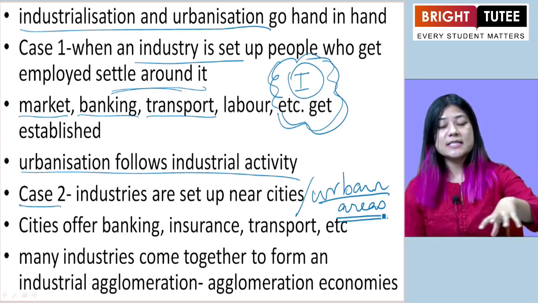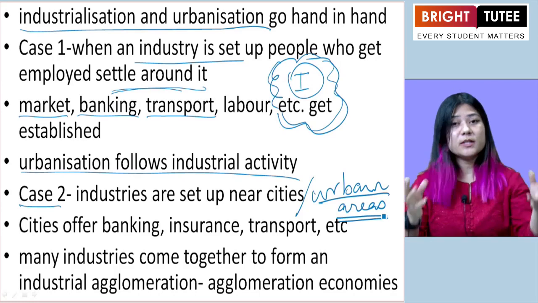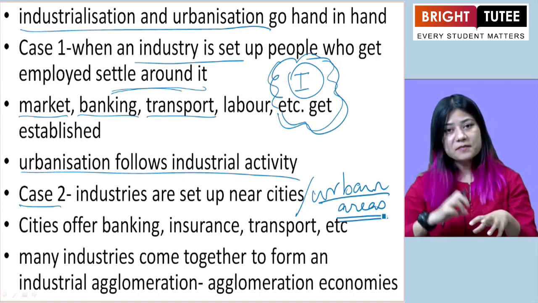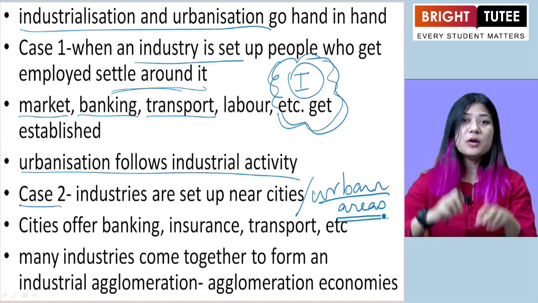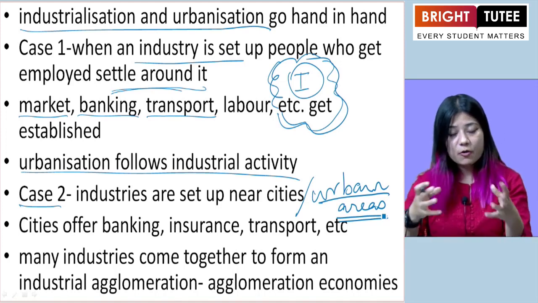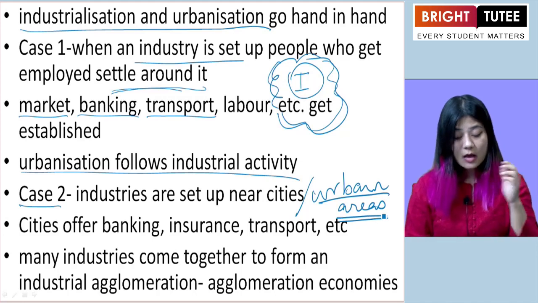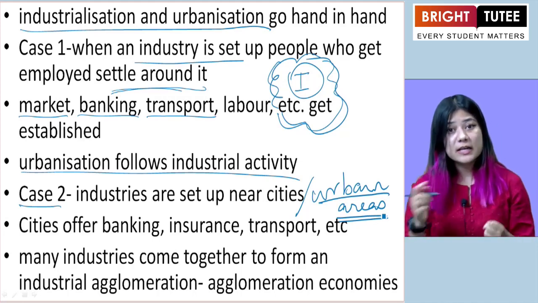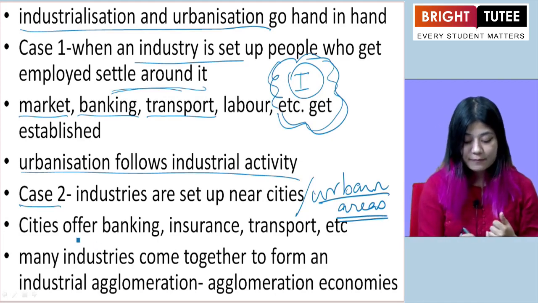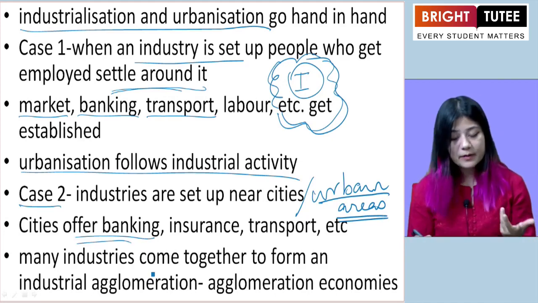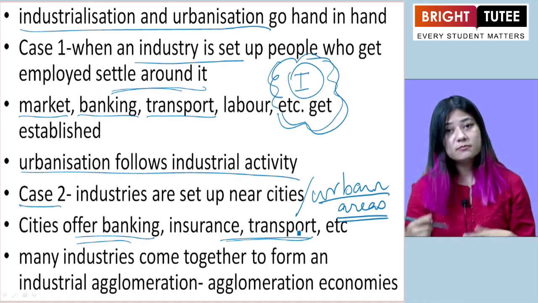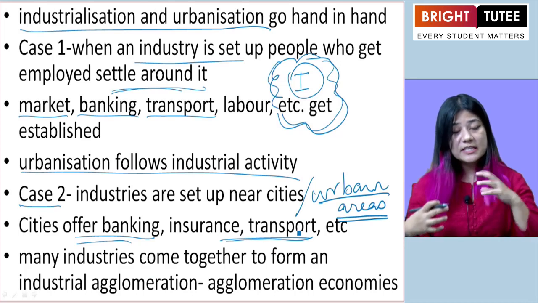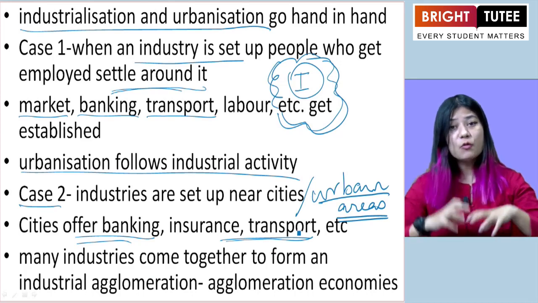If there are popular cities, or cities where a lot of people live, then some industries decide to set up one of their factories there. Why? Because cities have a lot of people who can work in the industries. Cities have banking services and transport services available, so it becomes easier for the industries to work.